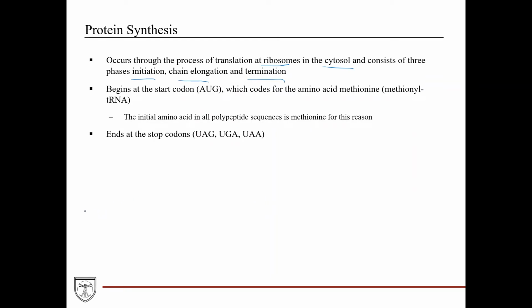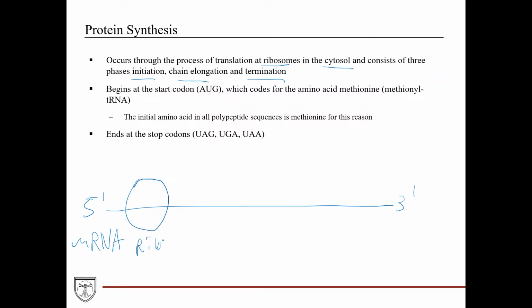So if we draw an mRNA sequence like this, okay, this is mRNA. And then we have the ribosome that comes in like this. So it's going to start at the start codon. So this would be AUG.